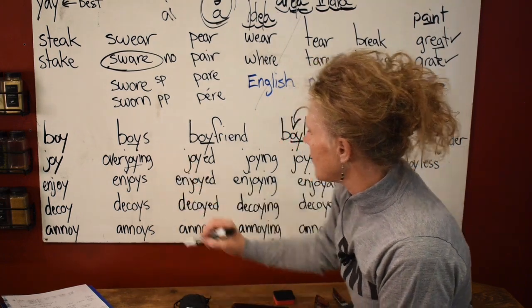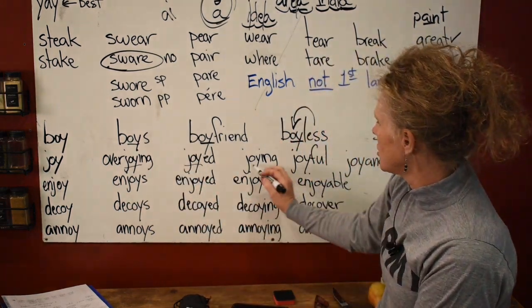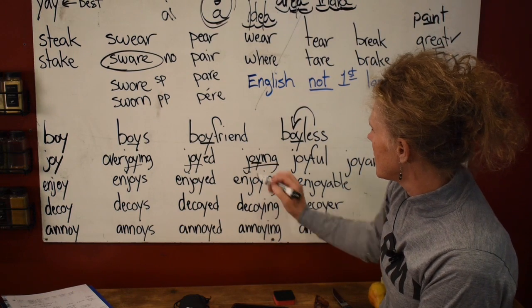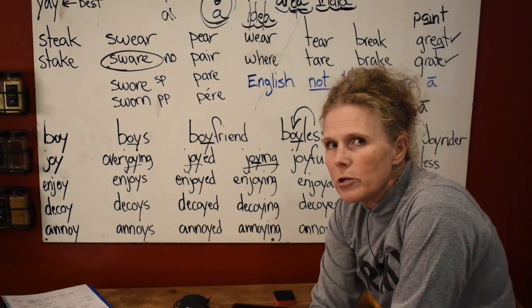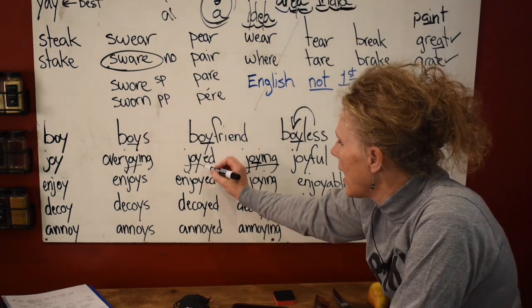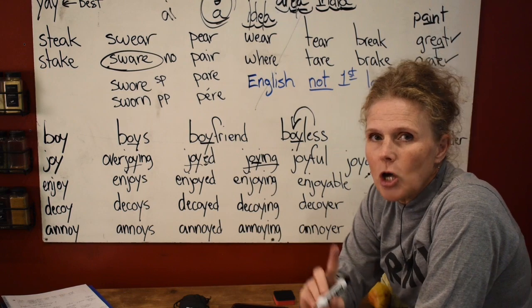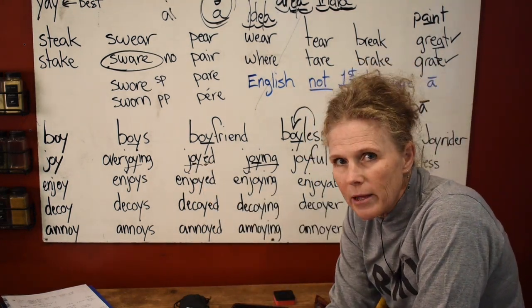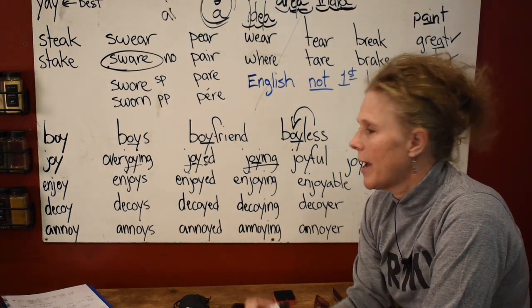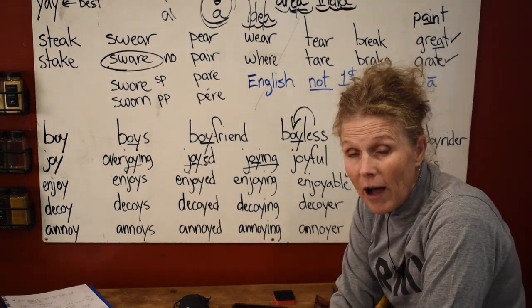You see, it has a suffix. Joyed, joying. See? It's in the middle, but you're not changing the Y. So when we add on our vowel suffix, we do not change the Y if there is a vowel in front of the Y. We change the Y to I if there is no vowel in front of it.